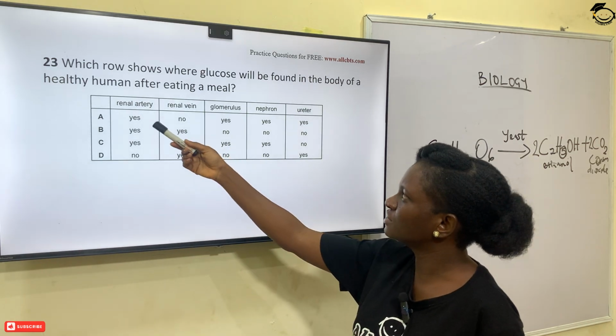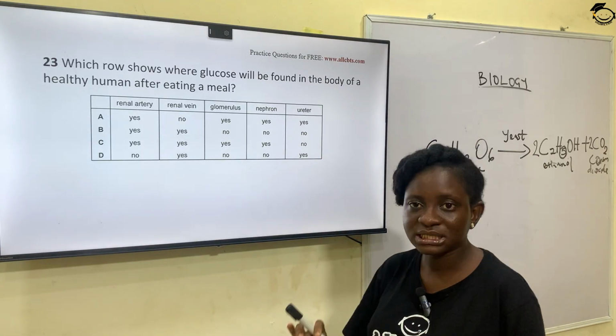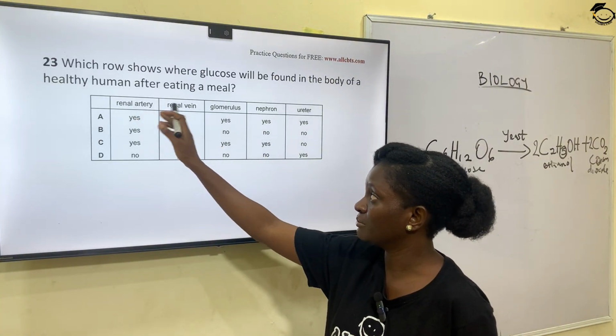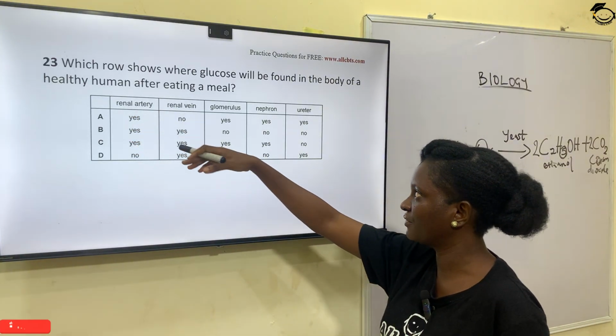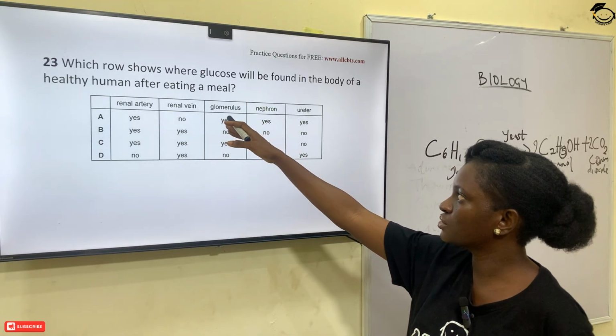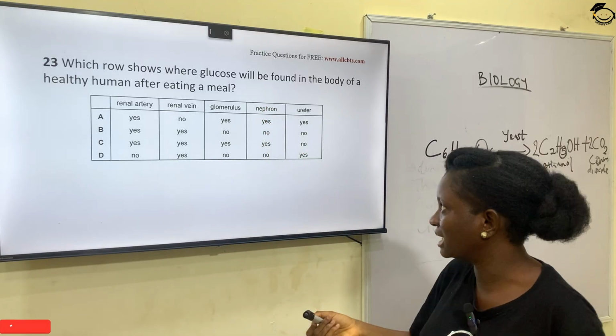But which of these rows shows where glucose is found in a healthy woman? Like I said, glucose is not supposed to be found in the urine. It can be found in the blood, which is the renal artery, renal vein, and then the glomerulus, the nephron. This one filters, and this one makes the glucose to be absorbed by the blood.